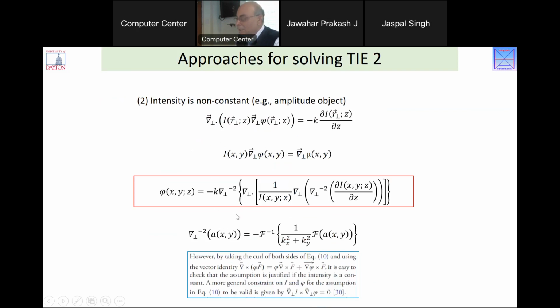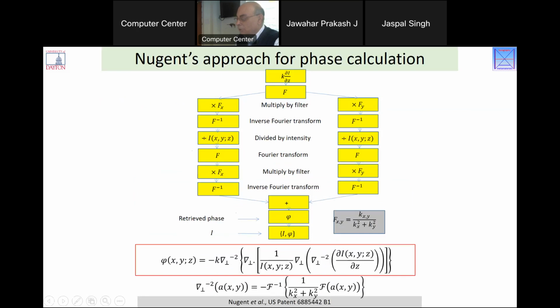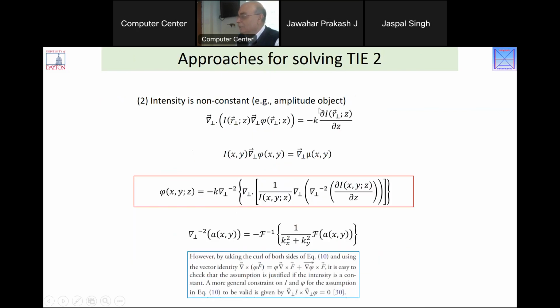Well, there are two guys, Paganini and Nugent. They worked a lot on this. They devised a way to tackle the problem of a non-constant amplitude object, amplitude and phase, of course. What did they propose?